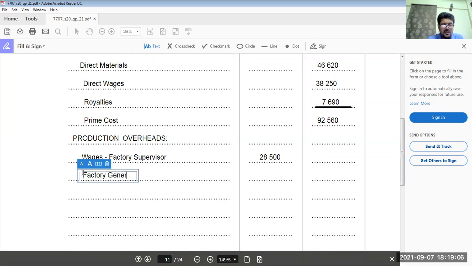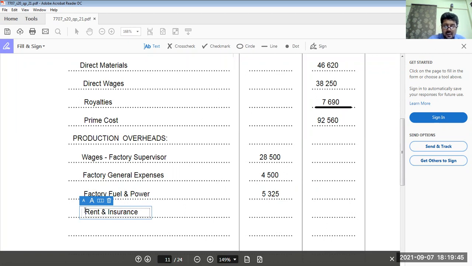Factory general expenses is 4,500. Then we have factory fuel and power, 5,325. Next, rent and insurance. We have to take 50/50.